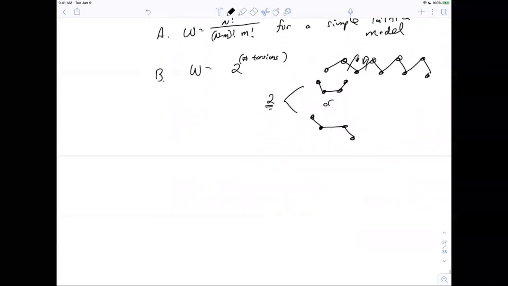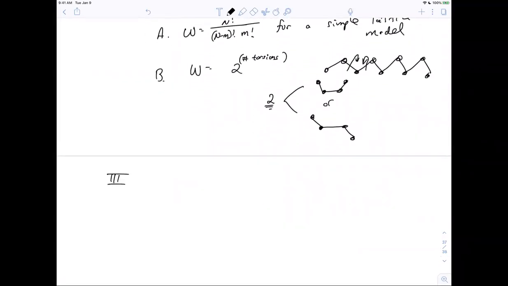So let's go on to a third interpretation now. This is the probabilistic interpretation, not interpretation, entropy. I'm going to call it entropy as a probabilistic entity.